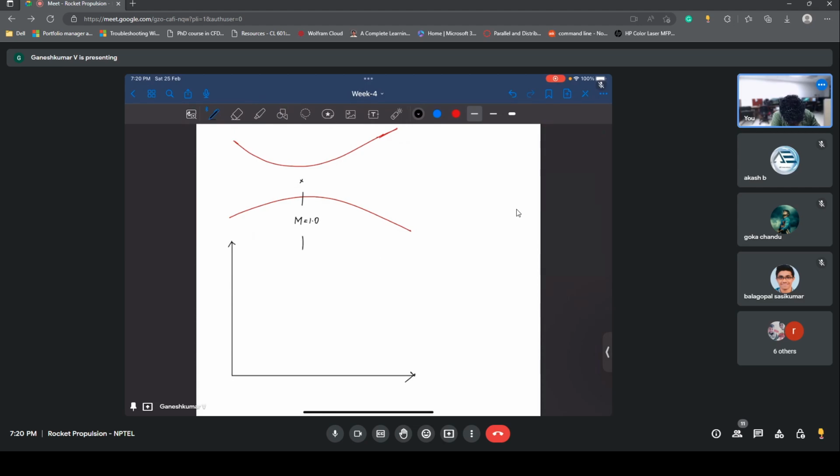Let's say I plot the Mach number along the throat. It starts from a lower value and reaches 1, and if it's a supersonic flow, it's going to go like this.